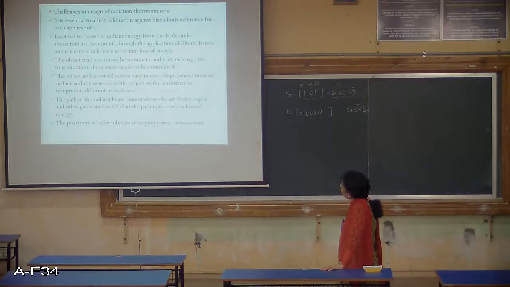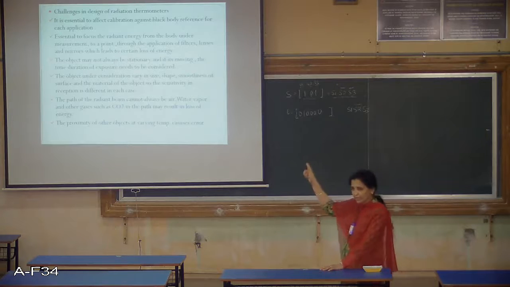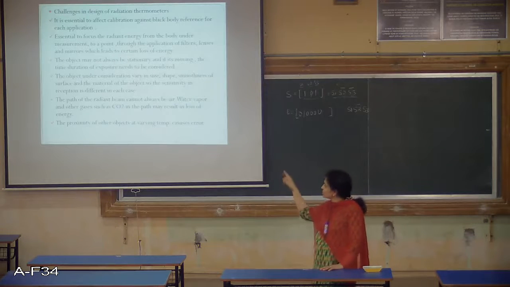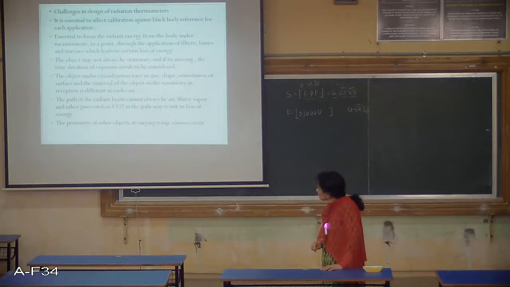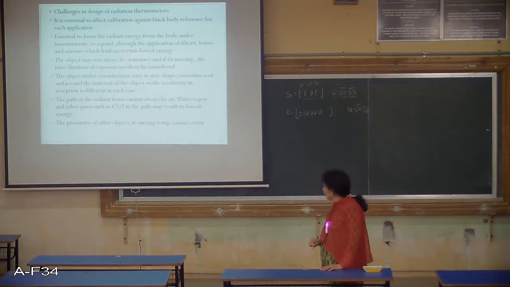So the path of the radiant beam cannot always be air. Water vapor and other gases such as CO2 in the path may result in loss of energy because the absorption of heat or energy there is more. The proximity of other objects, this is one more good point. Other objects at varying temperature cause error.